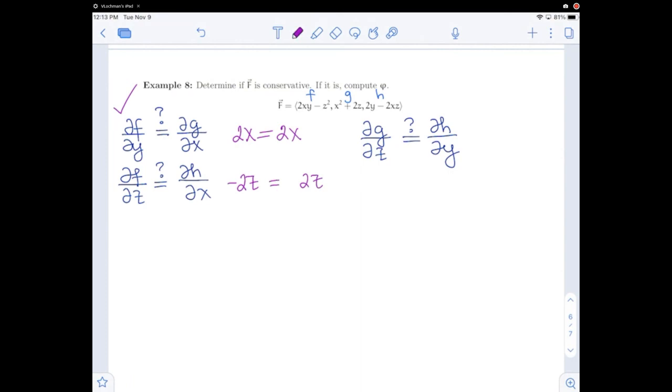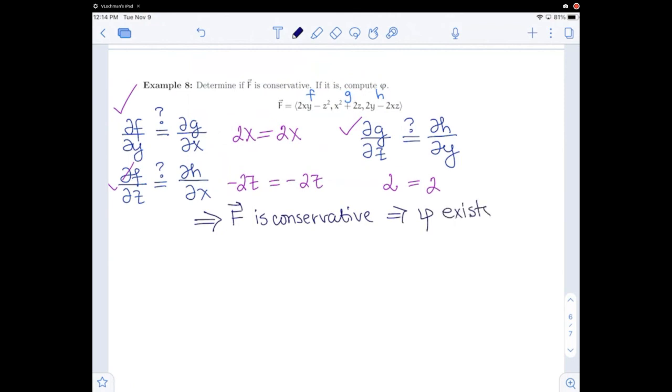So we are good here. So far, so good. Last one, dg/dz is 2. dh/dy is also 2. All three are satisfied. We can say that F is conservative, which means phi exists.